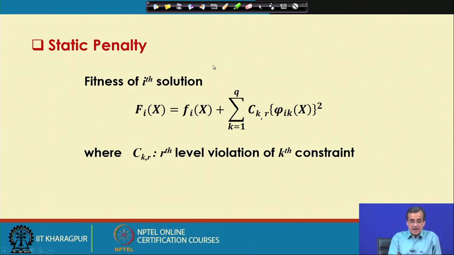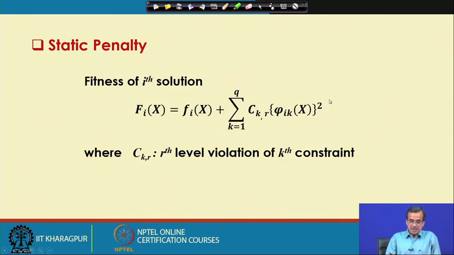Corresponding to the ith solution, the modified fitness capital F i x is nothing but small f i x plus summation k equals 1 to q C k r, that is the constant term, multiplied by phi i k x square.